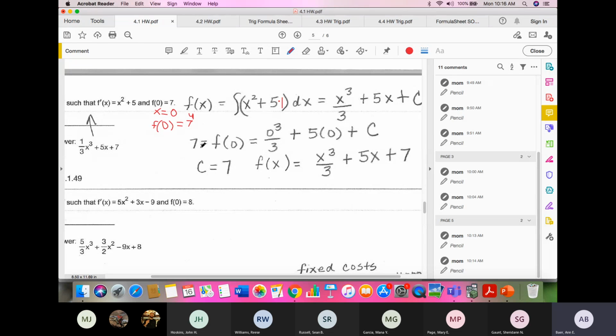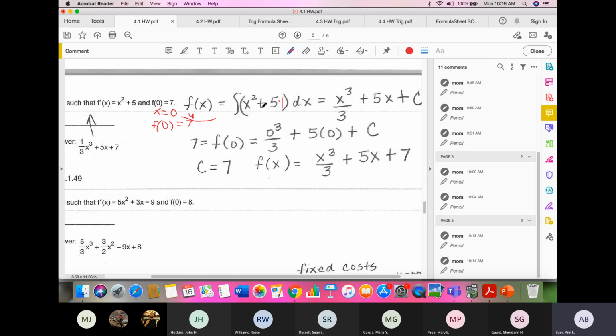This entire f of x, we want to replace by 7. I'm sorry if that looks like an exponent, I didn't mean it to make an x look like an exponent there. So this entire f of x is 7. That looks like f of x where x is equal to 0. So I take out f of x, put in 7, make it equal to f of 0.